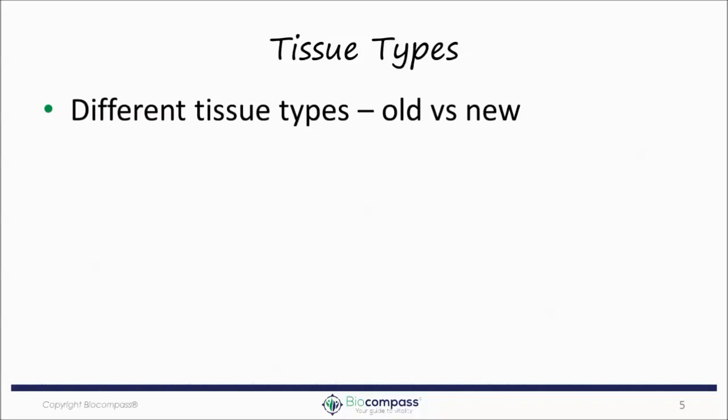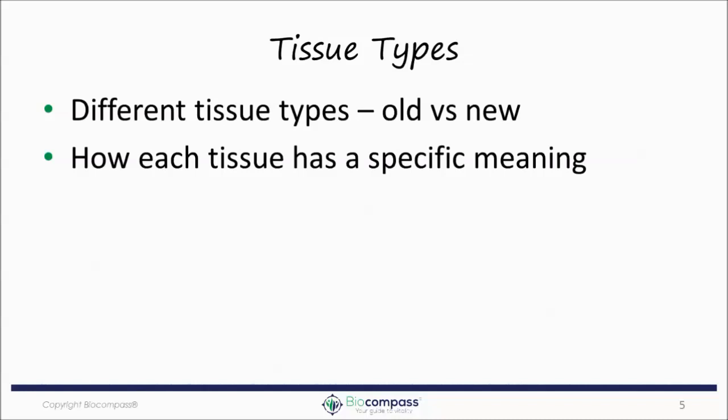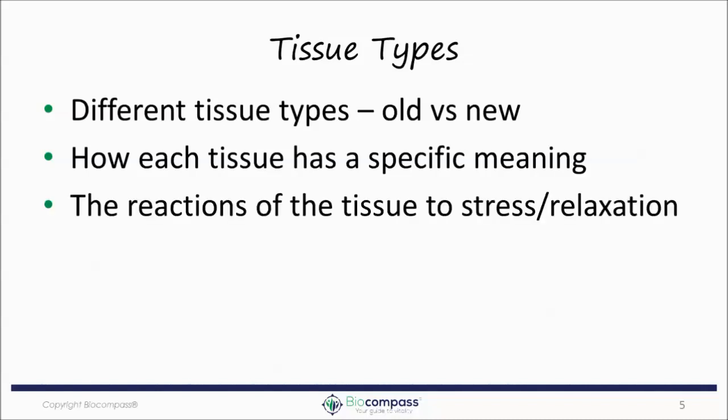And sometimes I might have a slip of the tongue, but technically we talk about tissues. How each tissue has a very specific meaning, and how you can relate that to the function of the tissue and the actual reactions of each tissue to stress and relaxation.